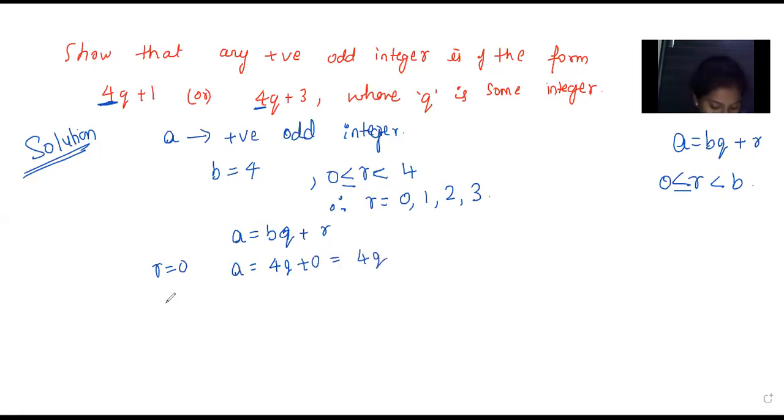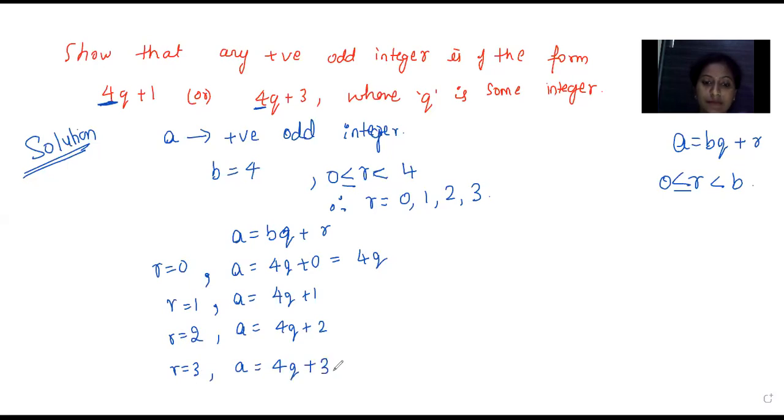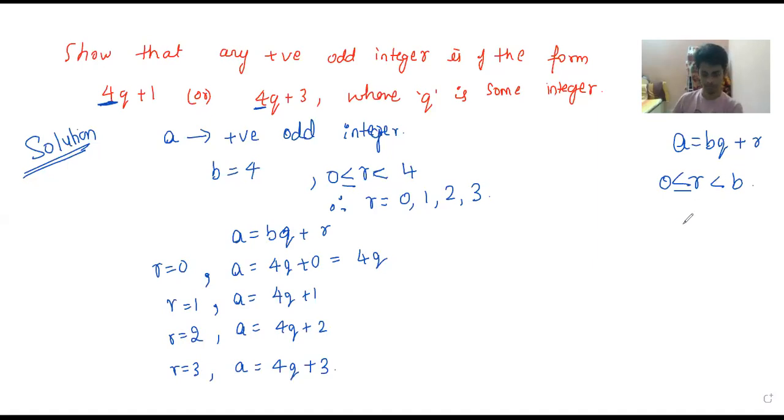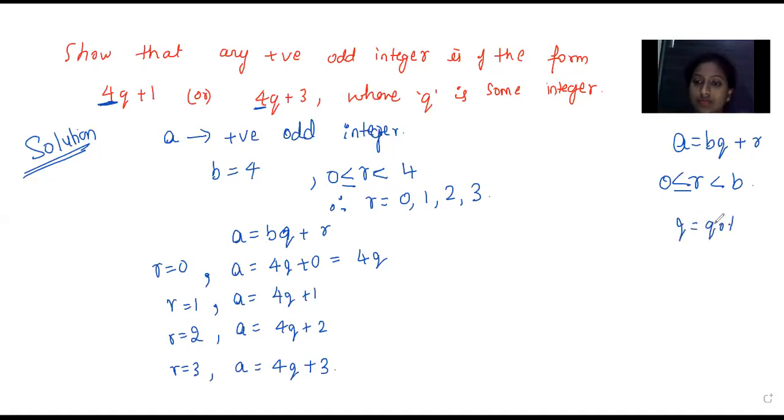Then put r equal to 1: a is equal to 4q plus 1. Then r equal to 2: a is equal to 4q plus 2. Then r equal to 3: a is equal to 4q plus 3. Here q is the quotient, and you already know that r is the remainder.